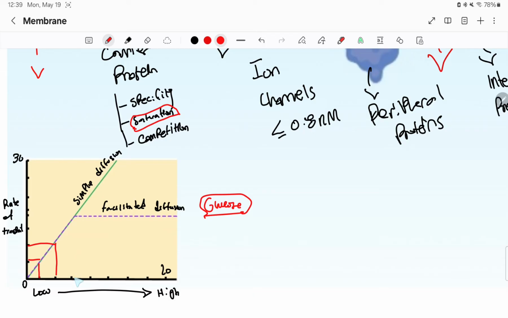We're good. But then as soon as I hit a specific concentration of that molecule outside of the cell, at that point, I start to saturate my transporter. And when my transporter is saturated, guess what? No matter how much I increase the concentration of that molecule outside of the cell, I will forever be stuck at this saturation limit.